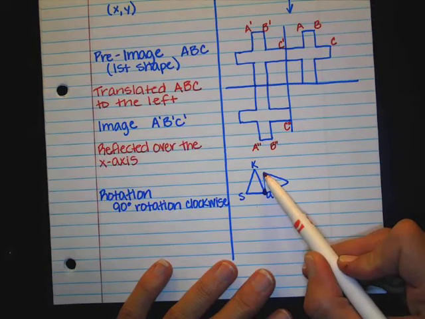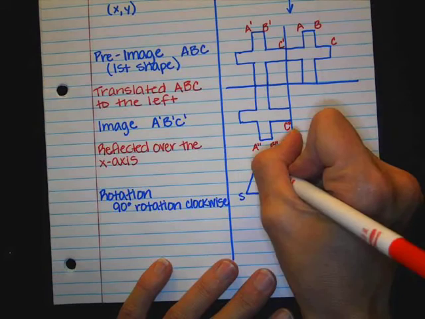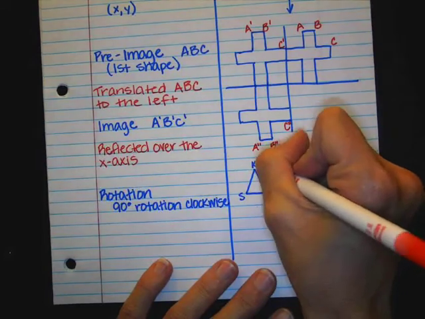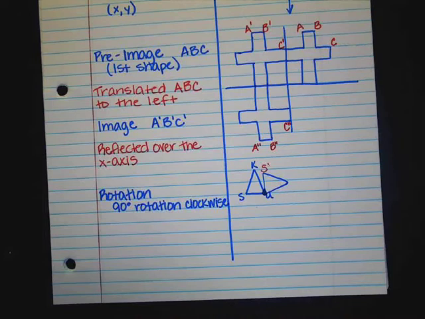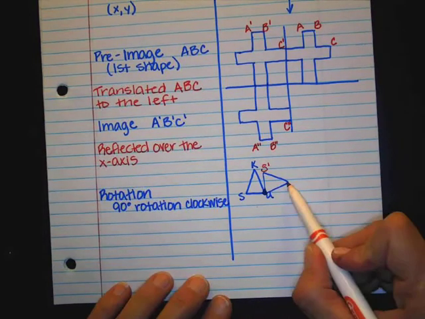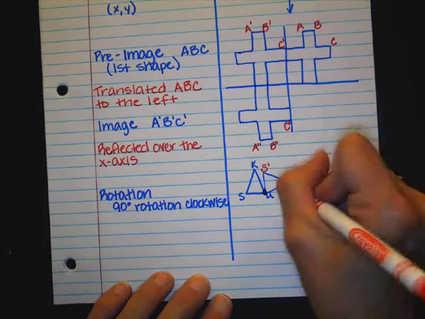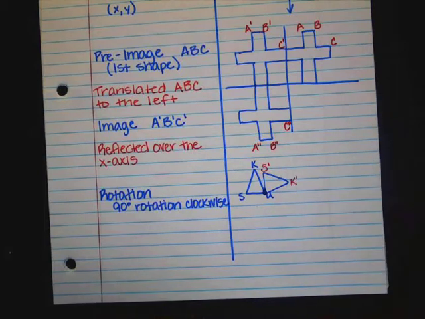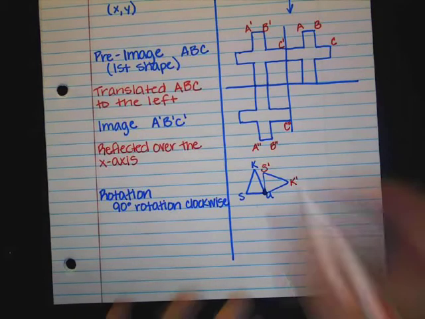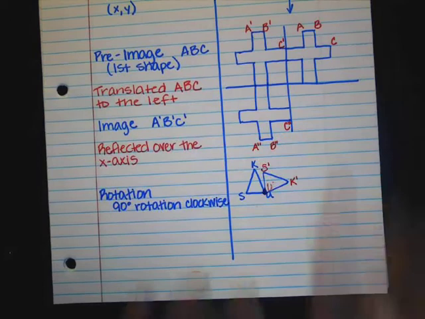That one's the S. So I would label it how? S prime. And what is this point over here? That's the K prime. And I'm rotating it on U, so U is U prime.